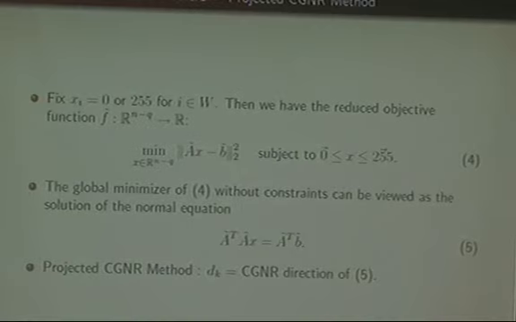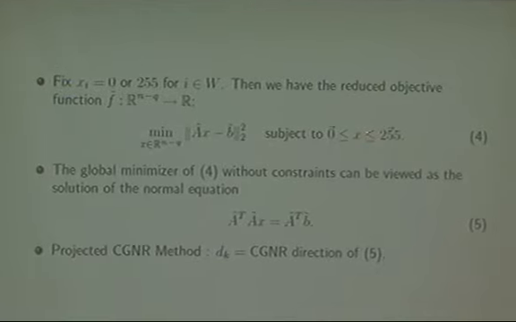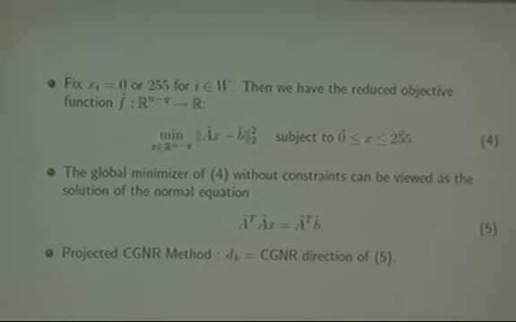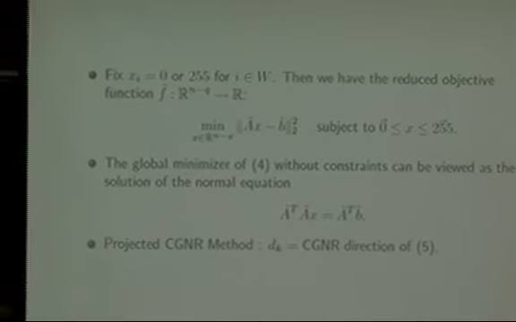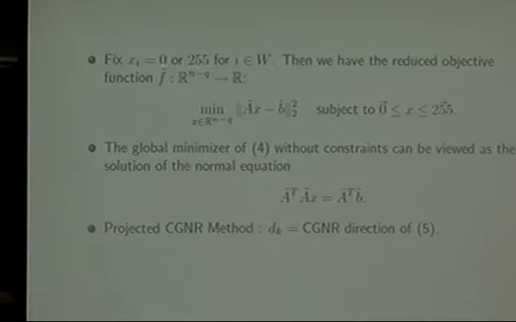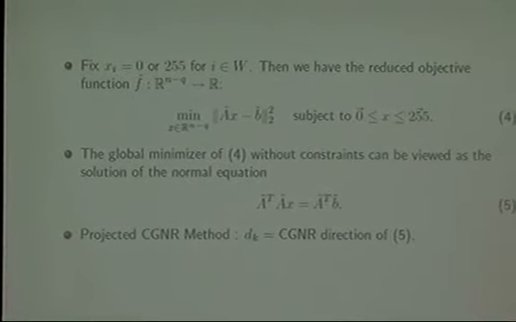In that reduced system, we minimize these equations using this relation. Actually, this becomes an unconstrained problem because we already plugged in x of 0 and 255. So this becomes an unconstrained problem.